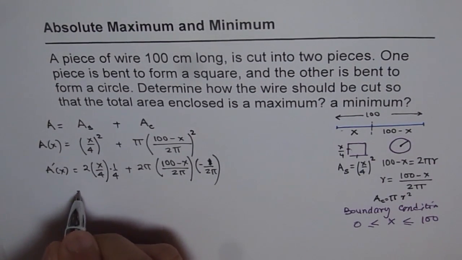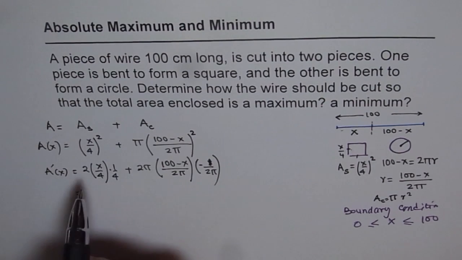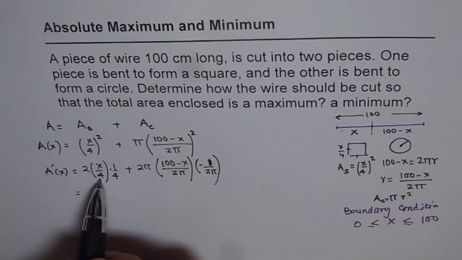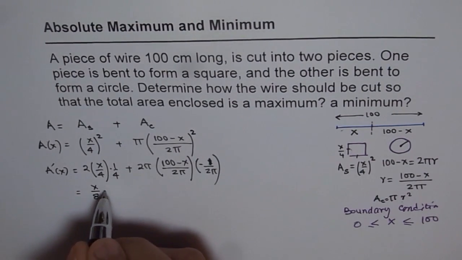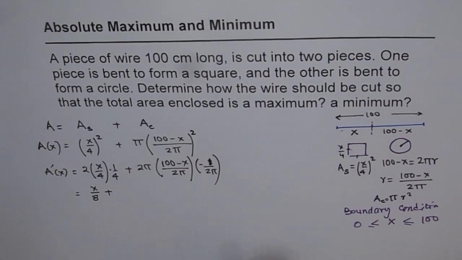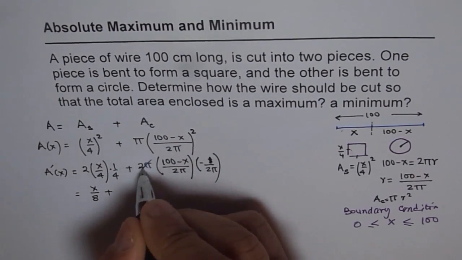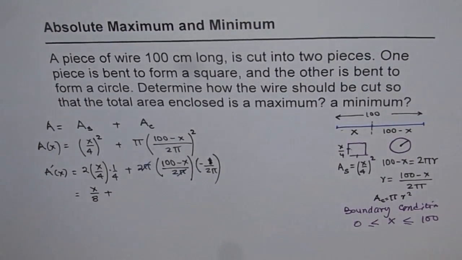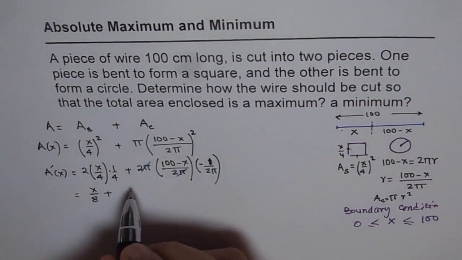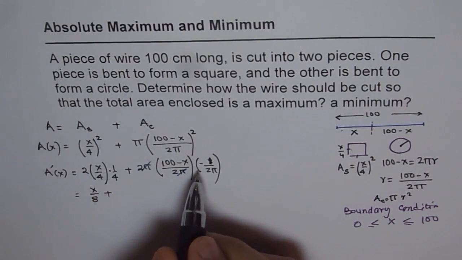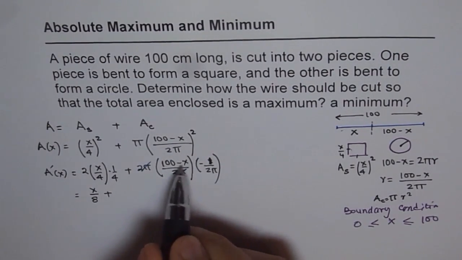Now here let's simplify it as much as we can. So 2 will cancel out with 1/4, so you get 2 here, so you get x over 8 plus. Now here what we can do is cancel out 2 pi with 2 pi, and so we get minus here. So we will interchange this with minus.